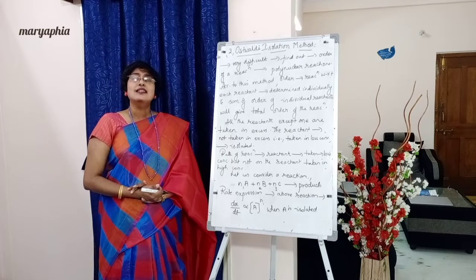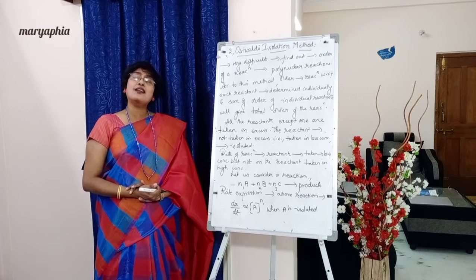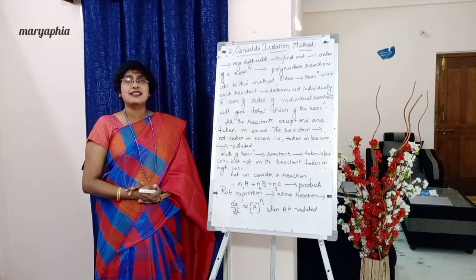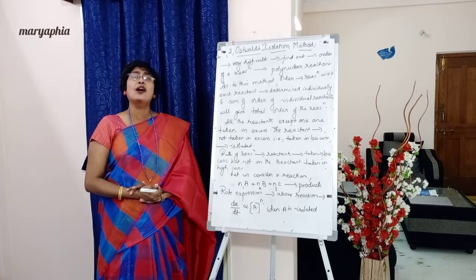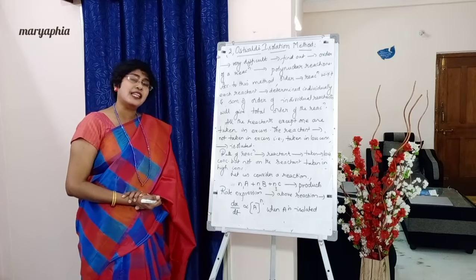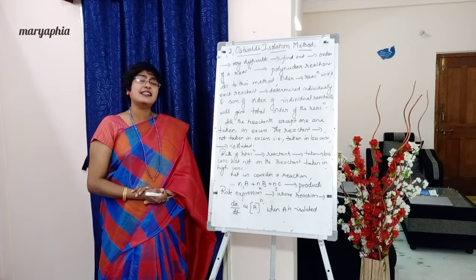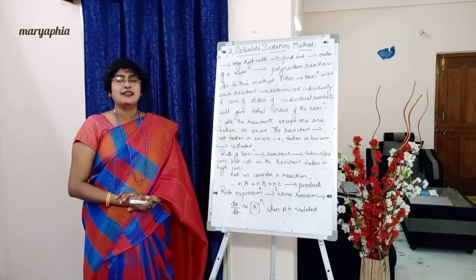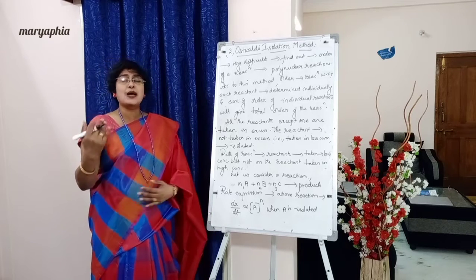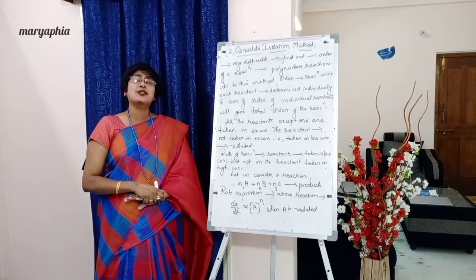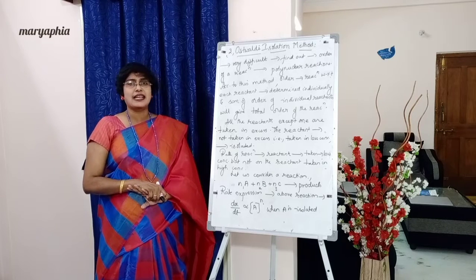The reactant taken in lower concentration will influence the rate of reaction, or the rate of reaction depends upon the reactant taken in smaller concentration, and that reactant is said to be isolated. That is how we determine the order of the reaction with respect to individual reactants.